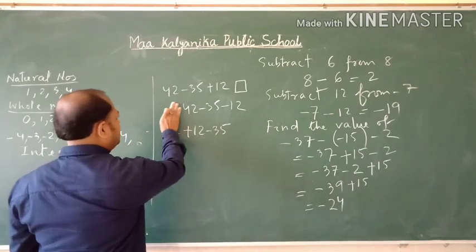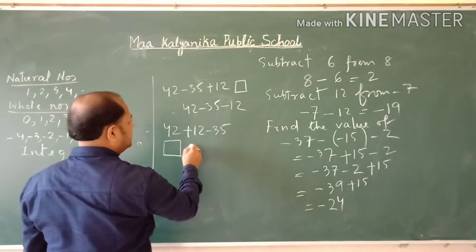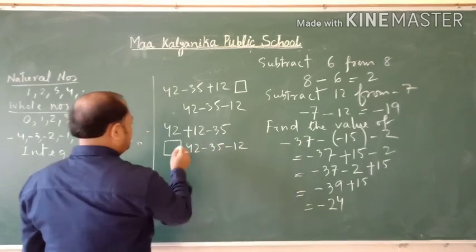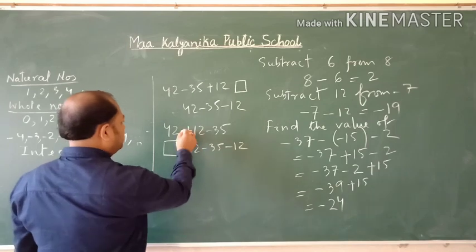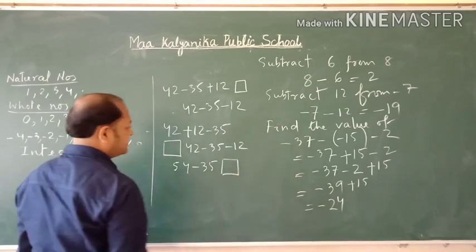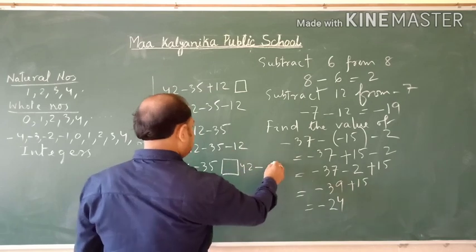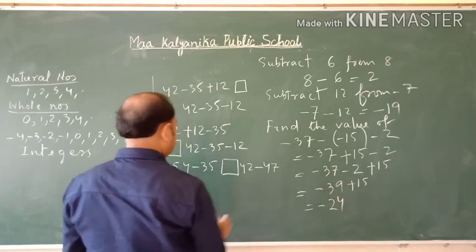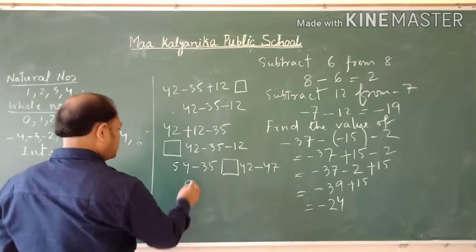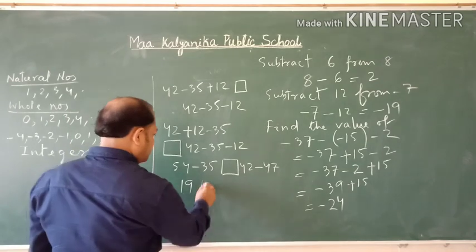Leave the space for the symbol, and on the other side both are minus, so make it one place: 42 minus 35 minus 12. 42 plus 12 is how much? 54. So 54 minus 35, leave the space for the sign, and here 42 minus 35 plus 12 will be 47 minus 47. What is the answer here? 54 minus 35 will be 19.